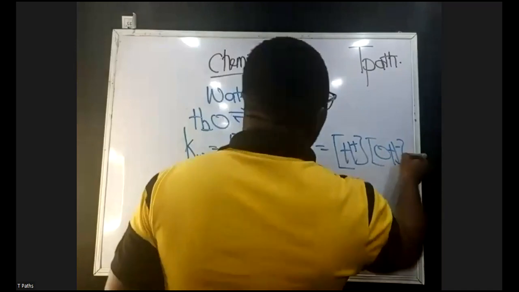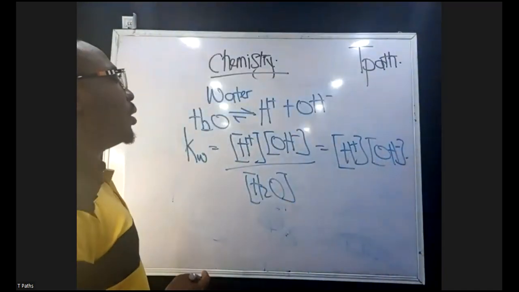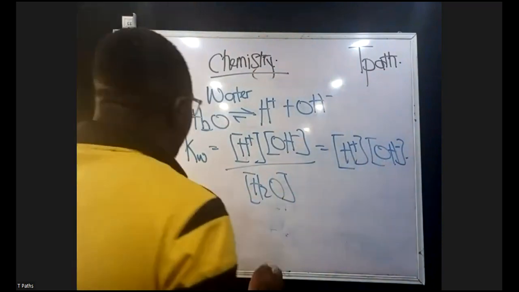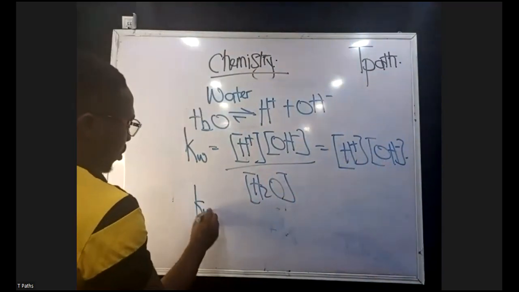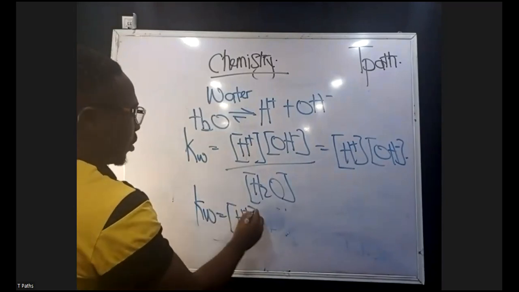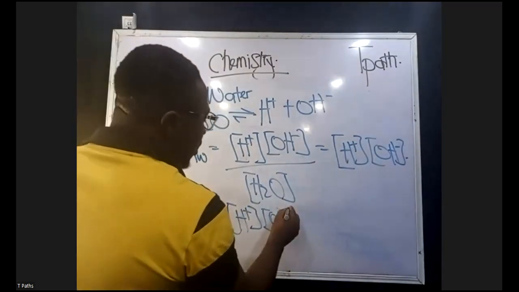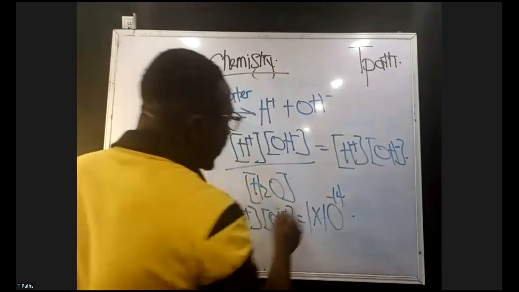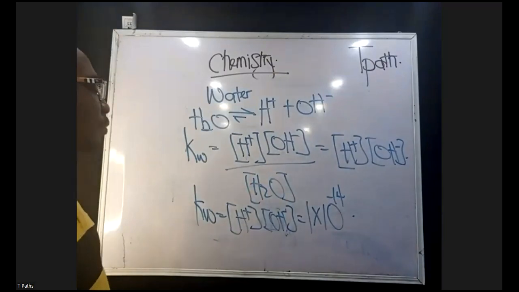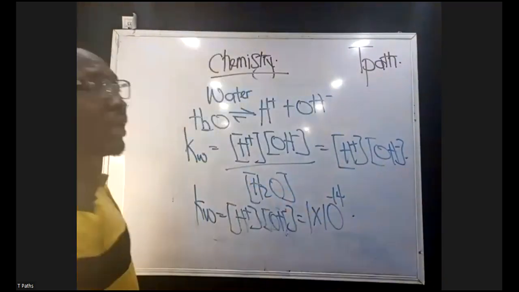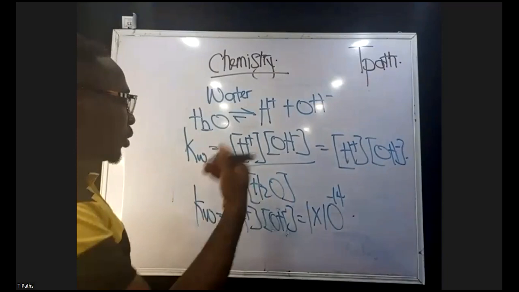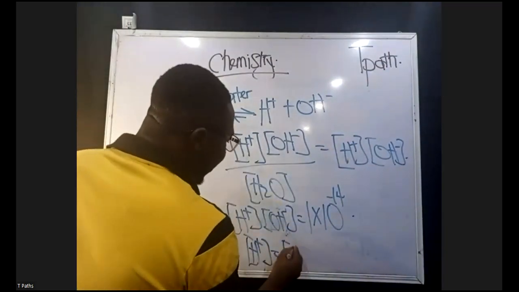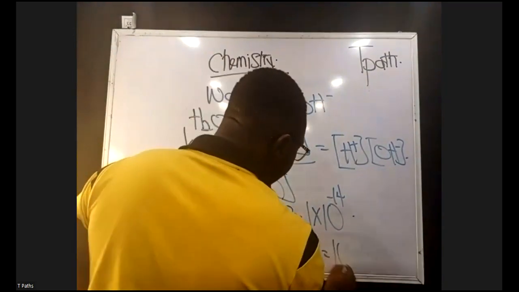When we check the electrical conductivity of water using a conductivity meter, we are able to deduce that Kw equals 1 times 10 raised to the power minus 14. This is a constant. From here, we can use normal mathematics to deduce that H plus equals OH minus equals 10 raised to the power minus 7.